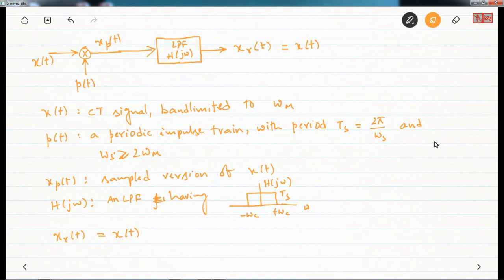The theorem says that if x of t is a continuous time signal band limited to omega m, and if we sample this signal at a rate with sampling frequency omega s, which is greater than or equal to 2 omega m, then from that sampled signal xp of t, we can recover the original signal x of t by filtering the sampled signal with a low pass filter having its cutoff frequency omega c less than or equal to omega s minus omega m, and greater than omega m.